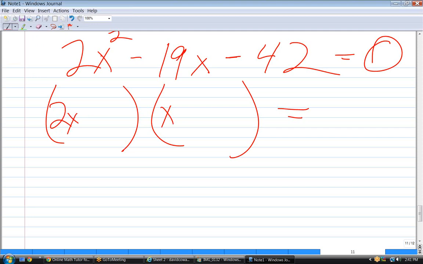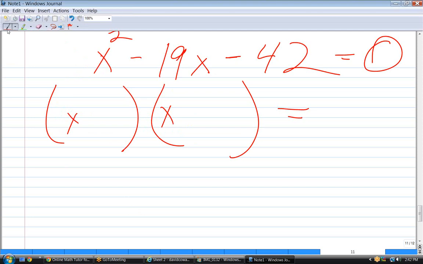You see? In other words, figuring out what these two terms are involves factoring that first term. Well, in these simple problems, most of the time, this is always going to be x squared, and it's always going to break down into x and x.